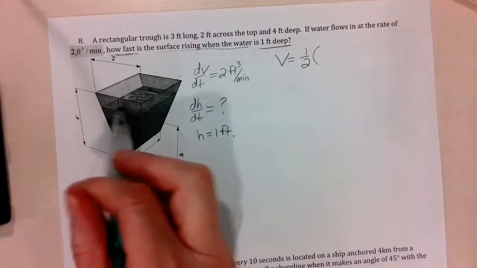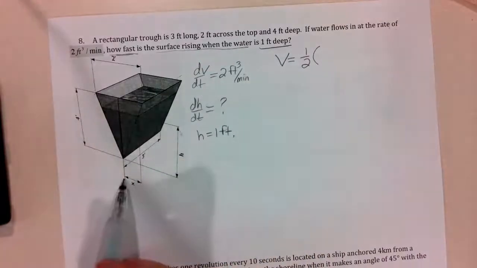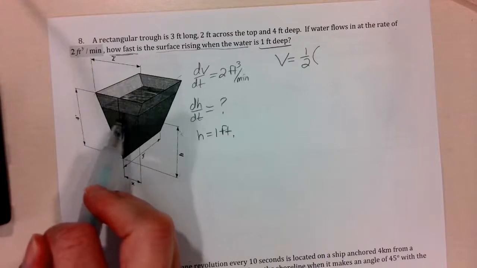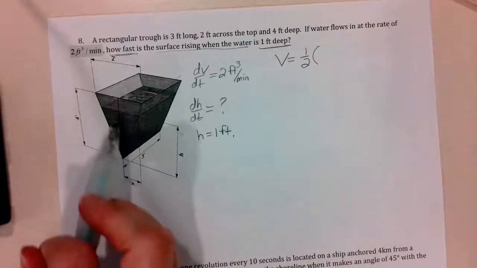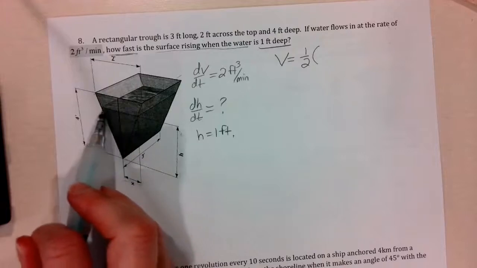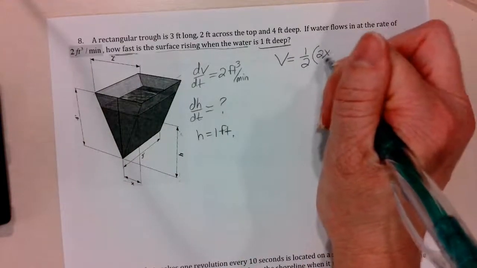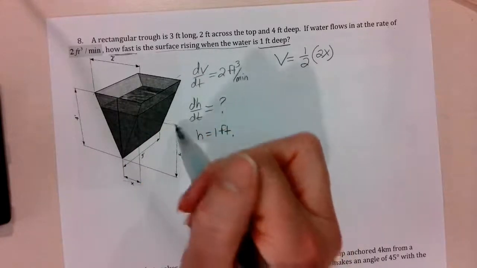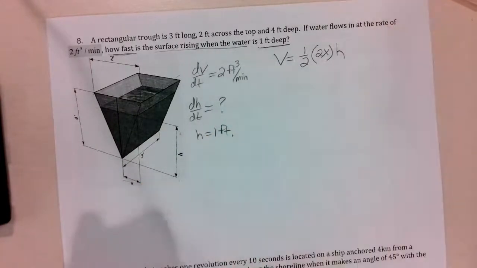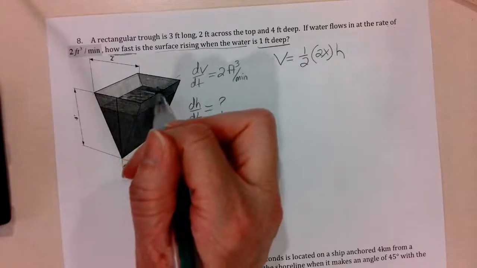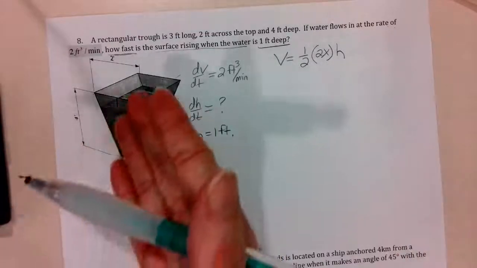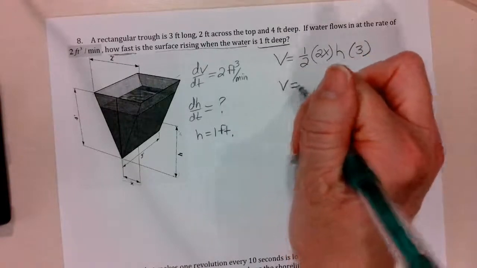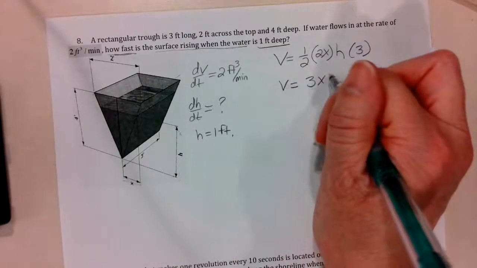Now the base of this triangle, the length is changing here, and this piece is called x, but it's only halfway across the whole base, so I'm going to change it to a 2x. The height of the triangle is this one right here, which is h, and then how far back it goes, or how far up, if you pictured it tilted on its side, would be 3. The simplified volume equation is 3xh.